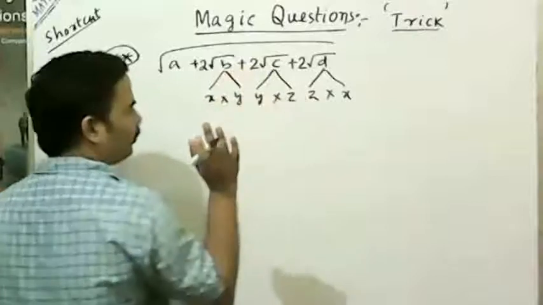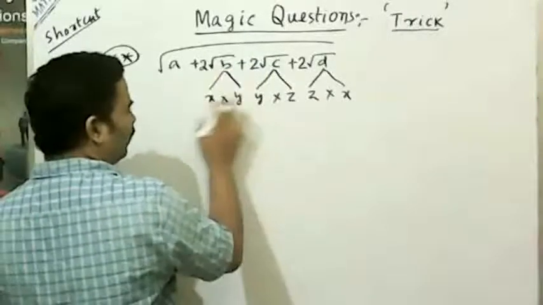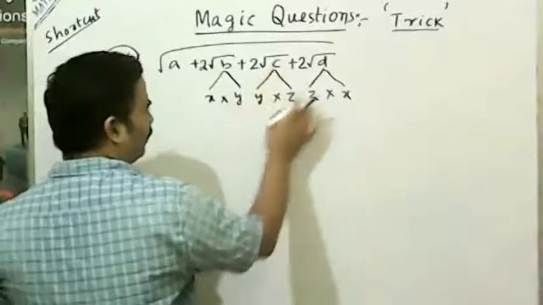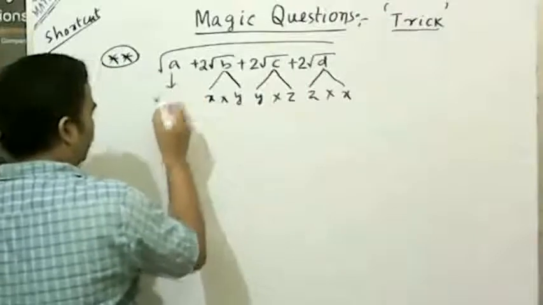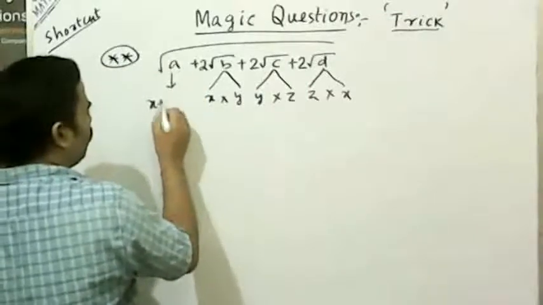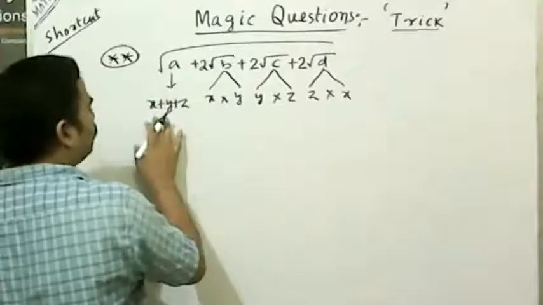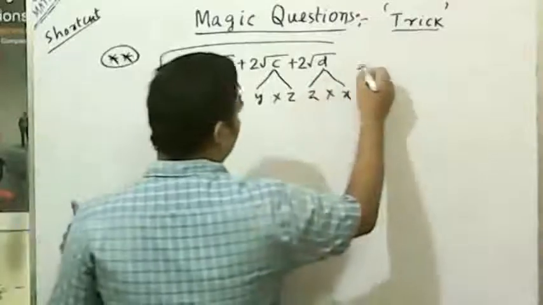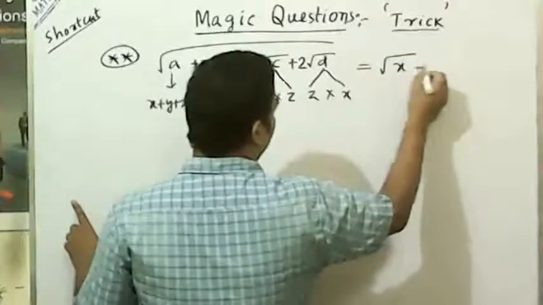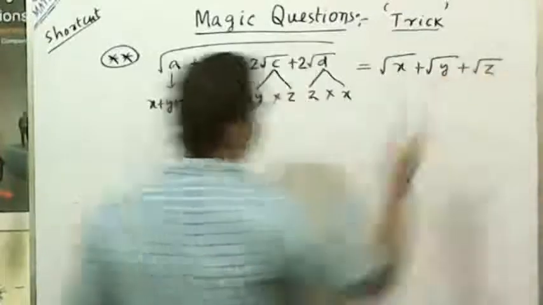In this way, if the pattern follows, b is x into y, c is y into z, d is z into x, and at that time a is x plus y plus z. In that case the result will be √x, √y, √z.